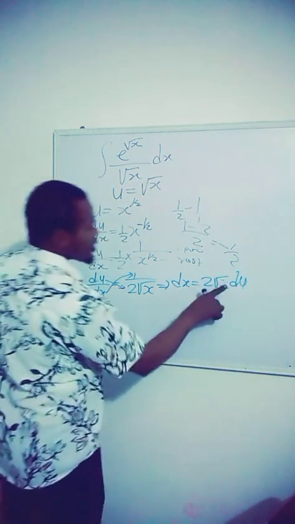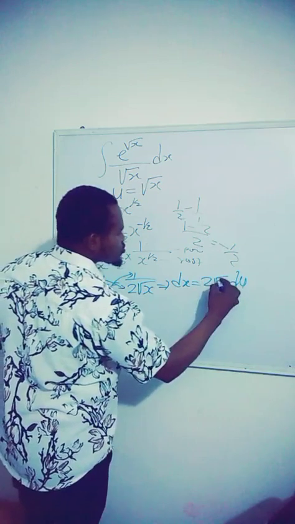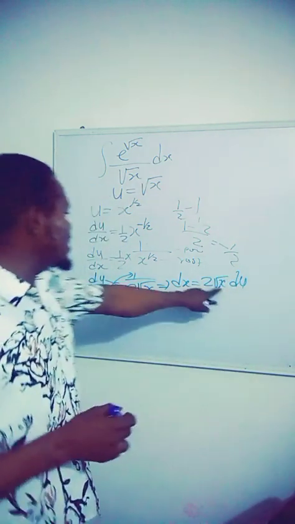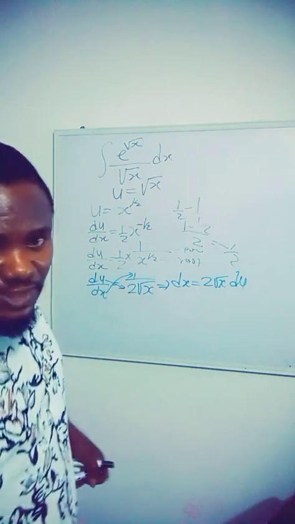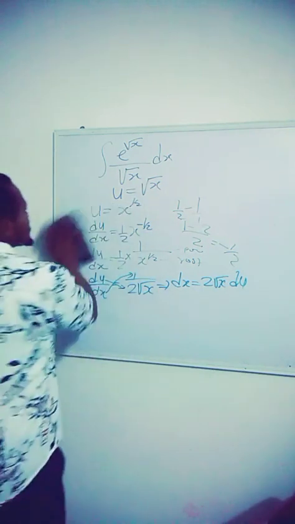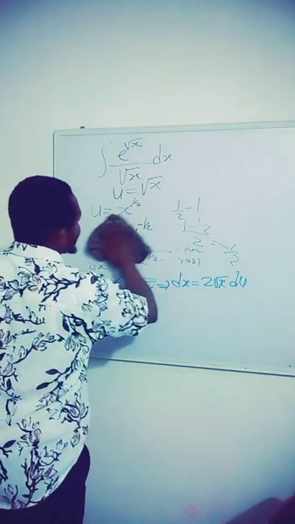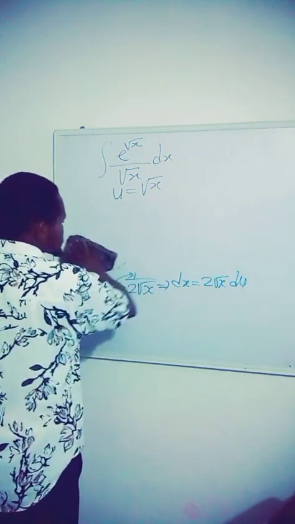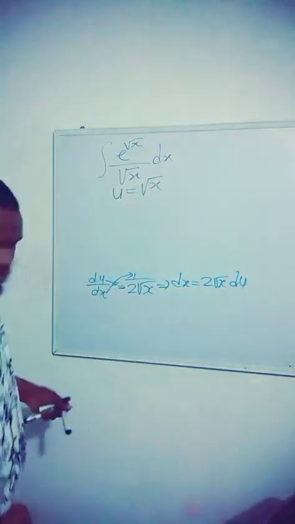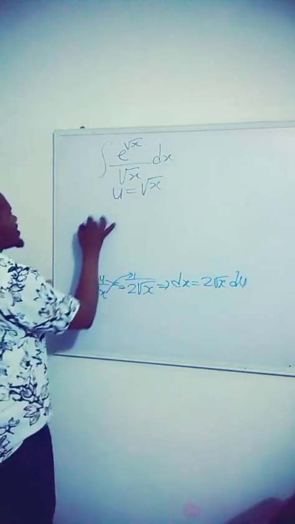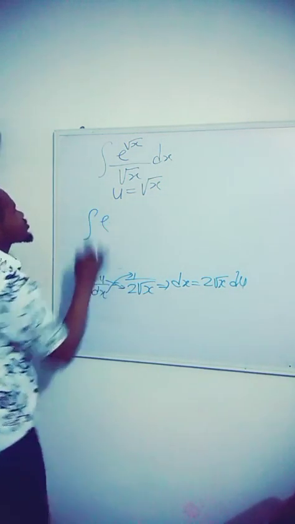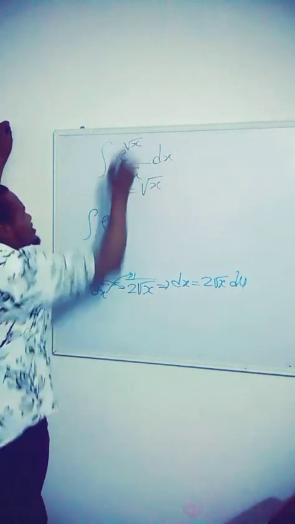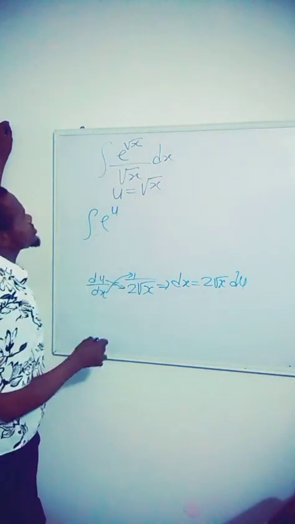2 root x, 2 root x du. Now let's place our value down and we solve. So from here, integral of e raised to power, we said our u to be, so instead of writing this, we write u.